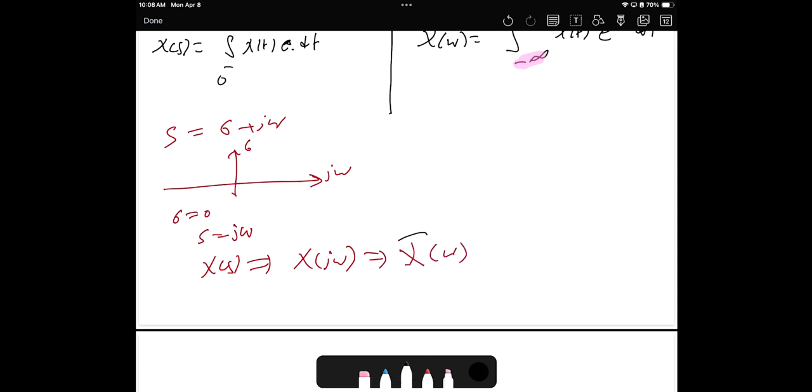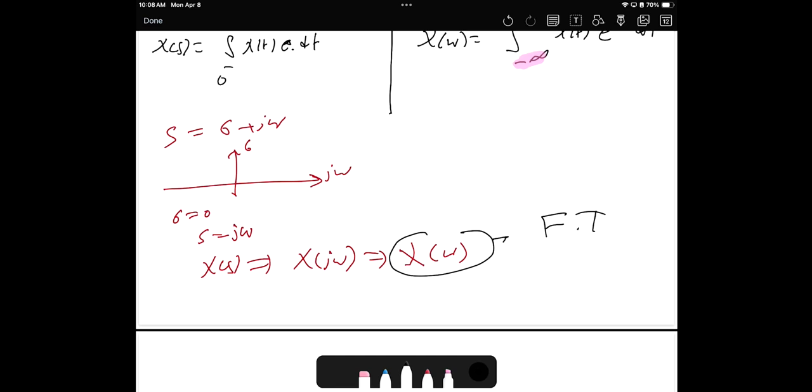Then this is what's called the Fourier transform. So I would say, if you assume sigma equal to 0, then it is Fourier transform. So in other words, Fourier transform is a special case of Laplace transform. Okay?